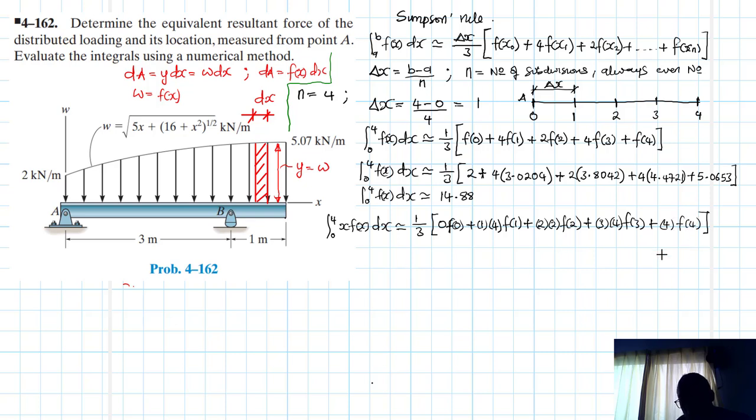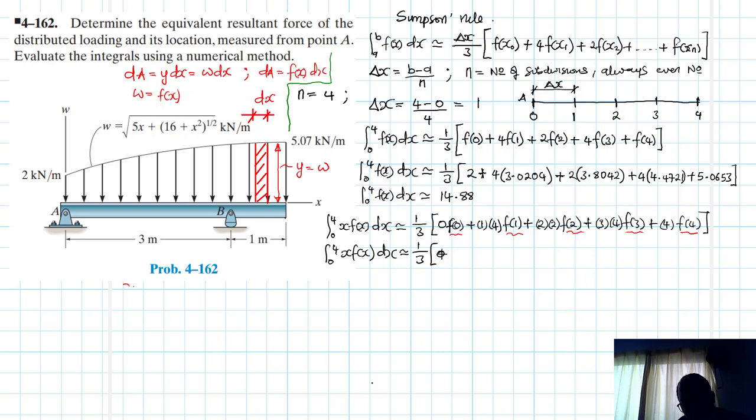Okay, remember this? So we've already found these parts. Agree? So all we do is just replace now and multiply. We already have this value. So integral from 0 to 4 f of x dx approximately will be equal to 1 over 3.